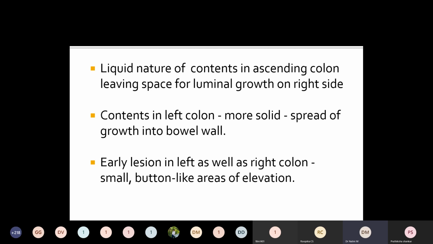Why is this so? In the ascending colon, the contents are still liquidy and they leave space for luminal growth of the tumor. But by the time it comes to the left side, it's more solid, there's no place in the lumen for the growth, so it spreads circumferentially.